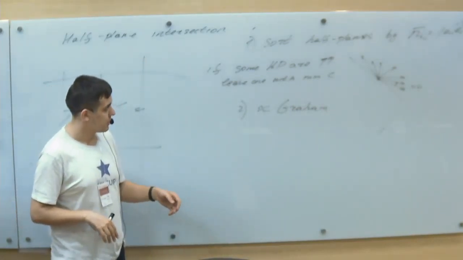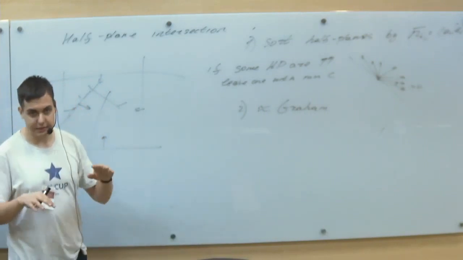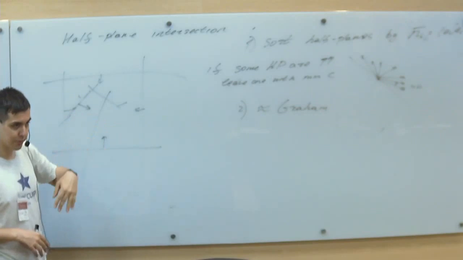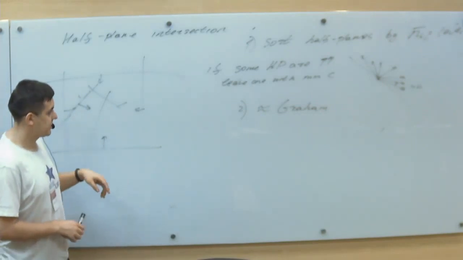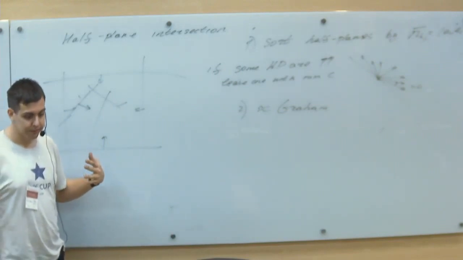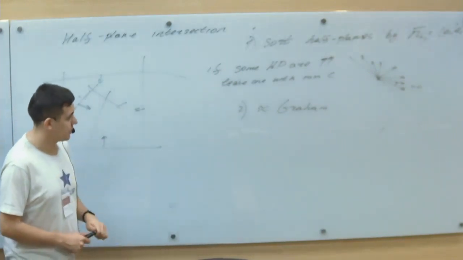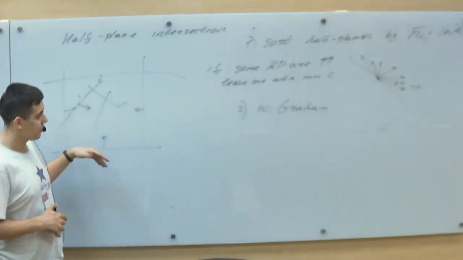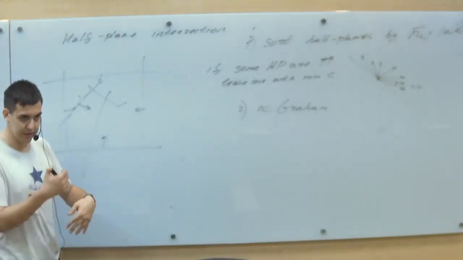There is a transformation that converts points to lines and lines to points, such that the half-plane intersection of those points corresponds to the convex hull of the corresponding points and the other way around.